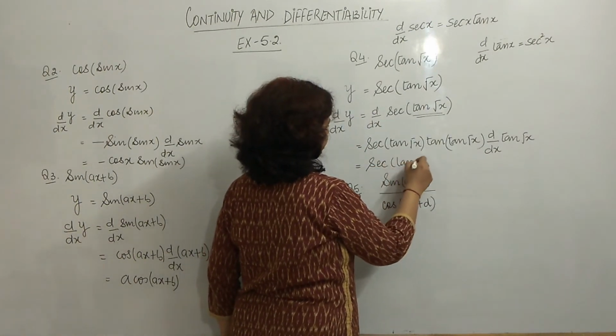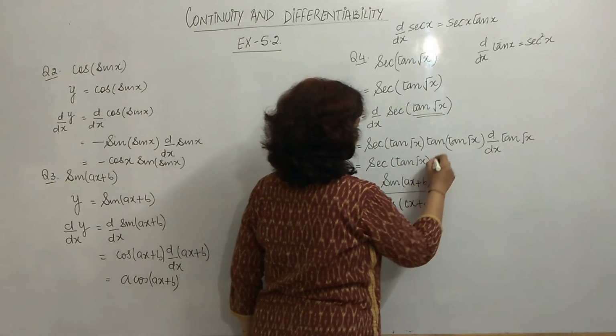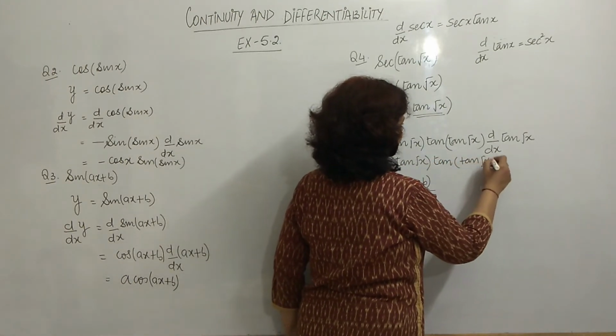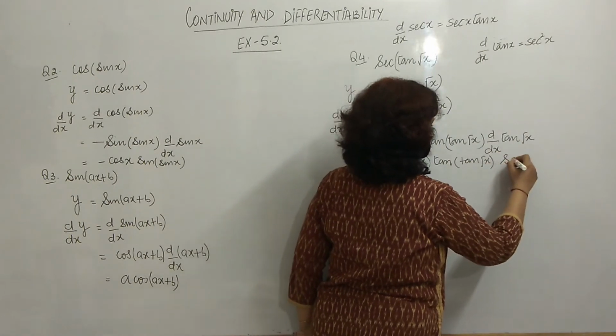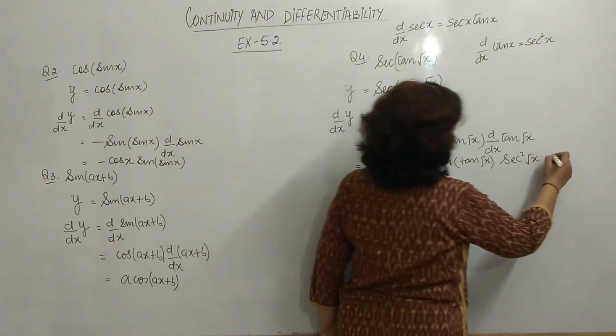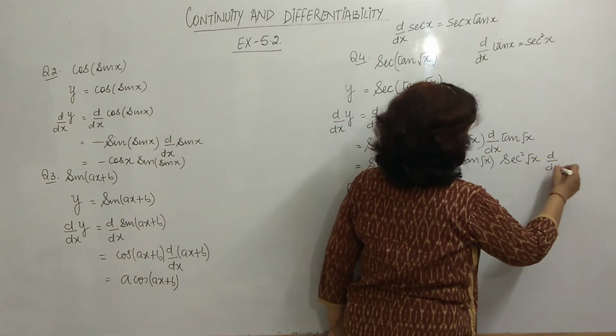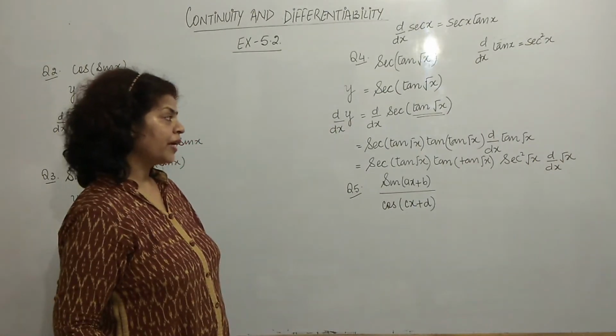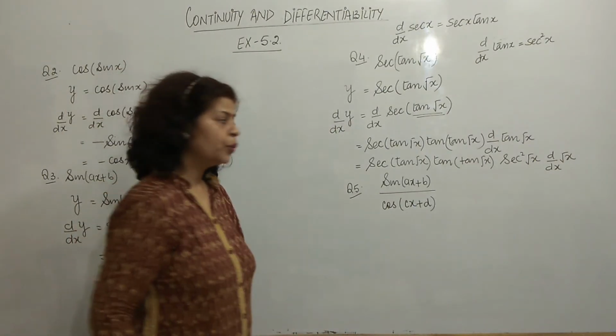So sec tan root x, tan root x, it will give you sec square root x, right? And the derivative of root x once again, you know that the derivative of root x is 1 by 2 root x.